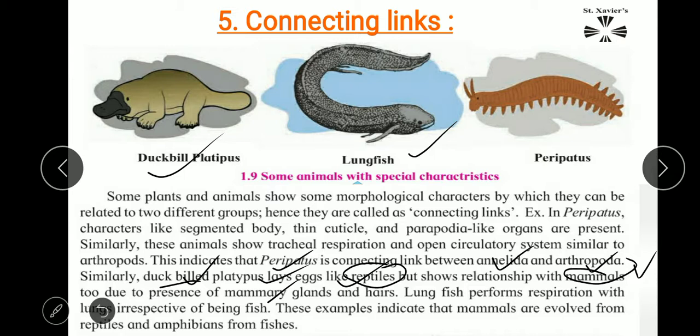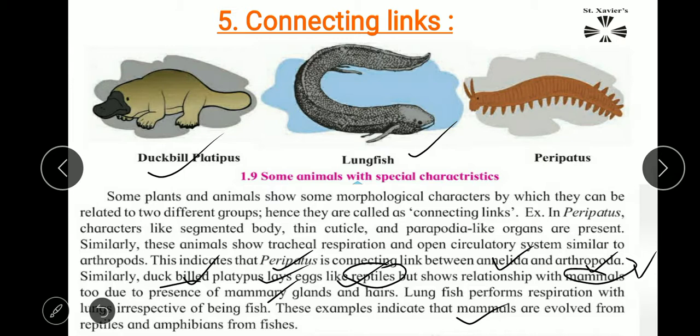This example indicates that mammals evolved from reptiles and amphibians from fish. So this lungfish can be said to be a connecting link between fish and amphibians, and the mammals.